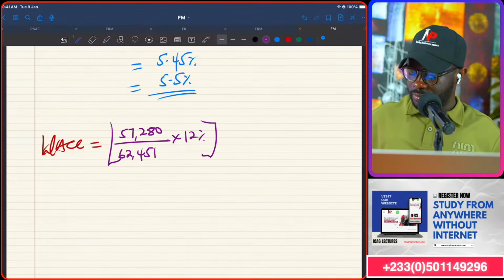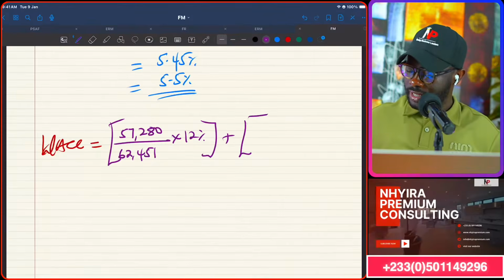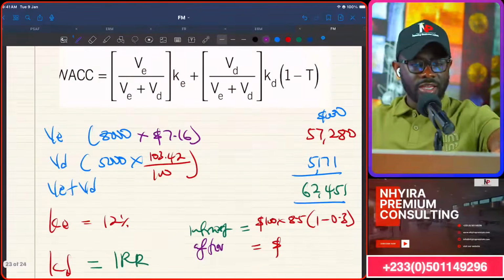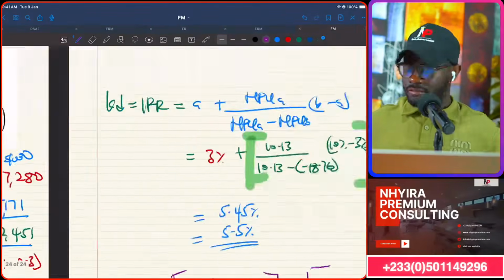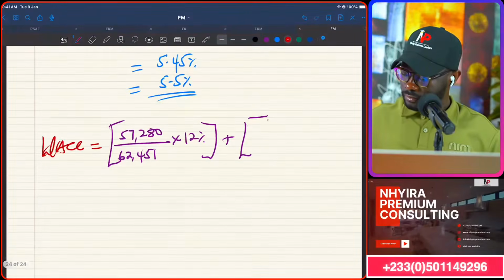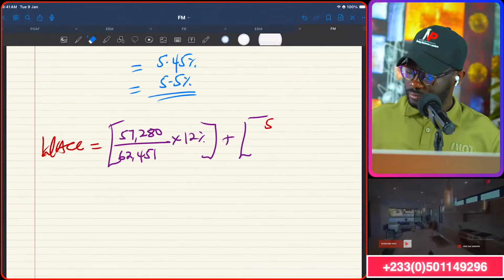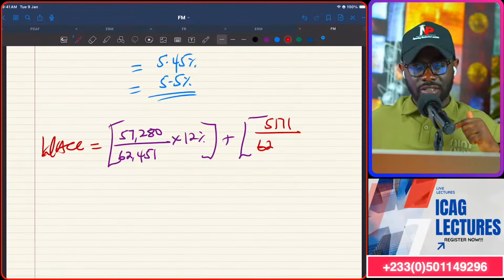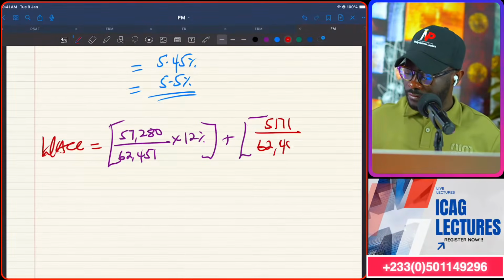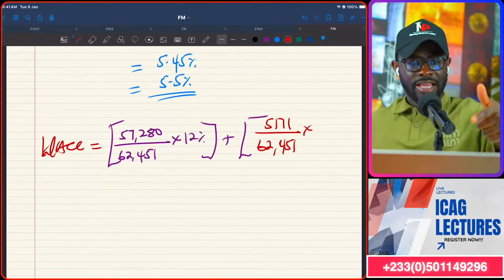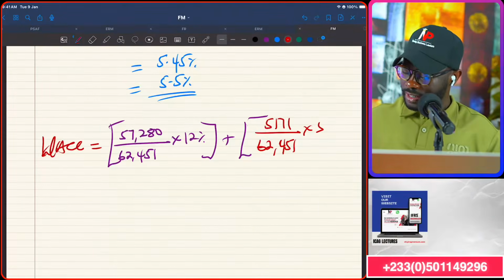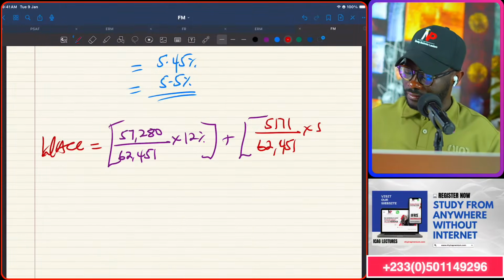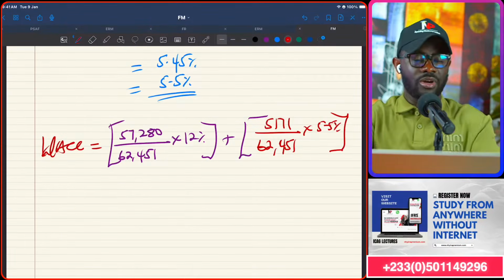That'll be in the first bracket, plus the debt issue. VD is 5,171, over VE plus VD, 62,451, times KD that we just calculated, 5.5. We punch that one as well.